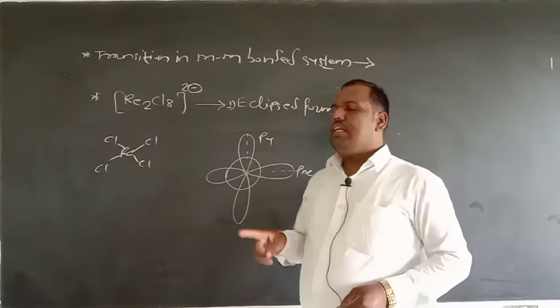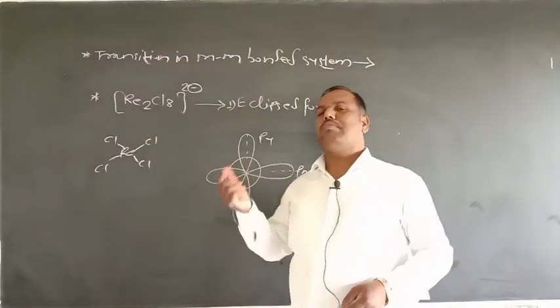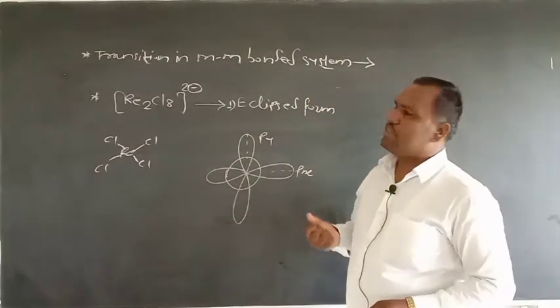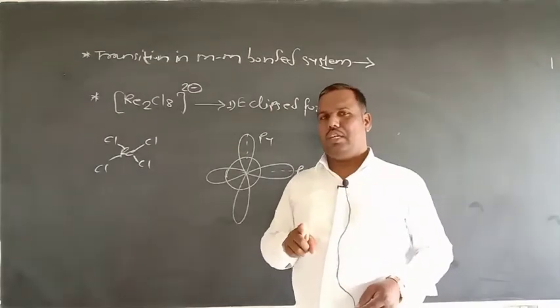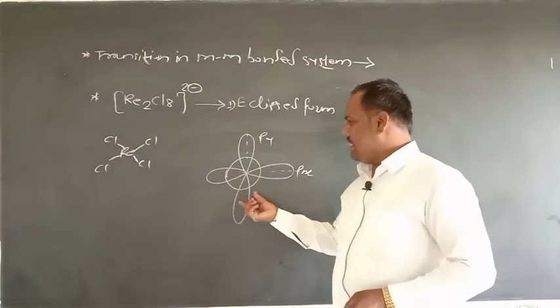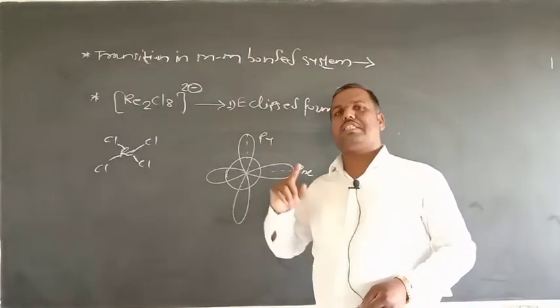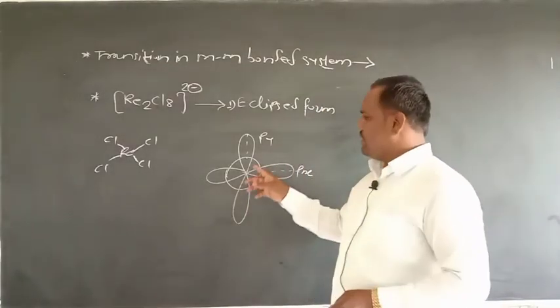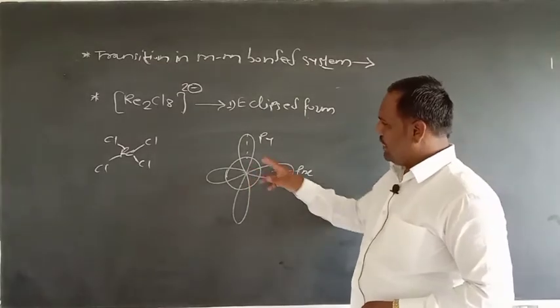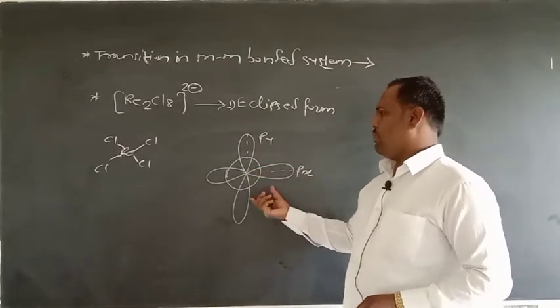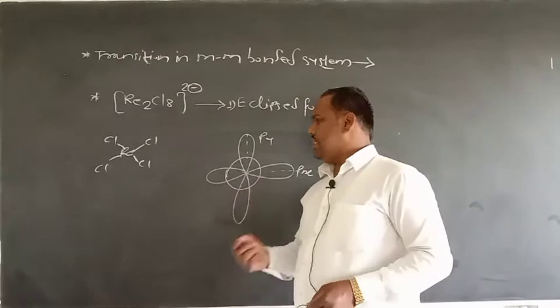But we know that the dz square orbital is involved in metal bonding to form a sigma bond, so it is not involved in this hybridization. The remaining orbital, dx square minus y square, looks similar to the px, py orbitals, so it will be involved in this hybridization.